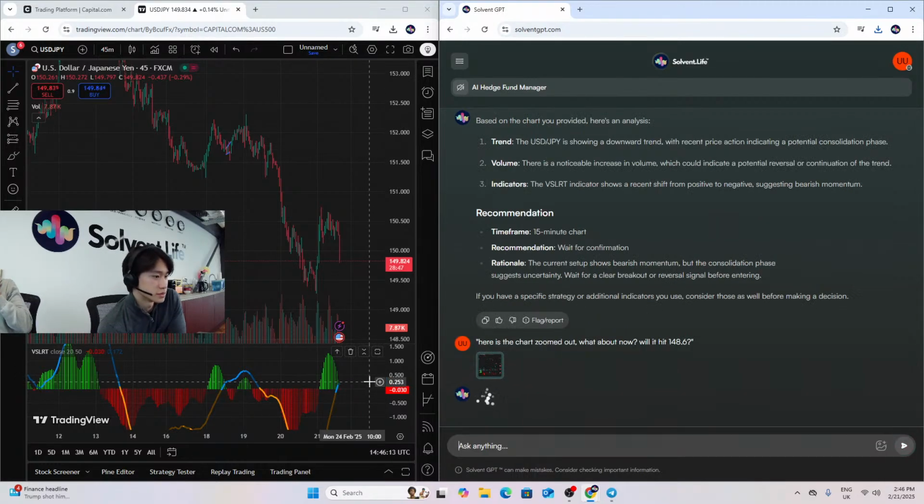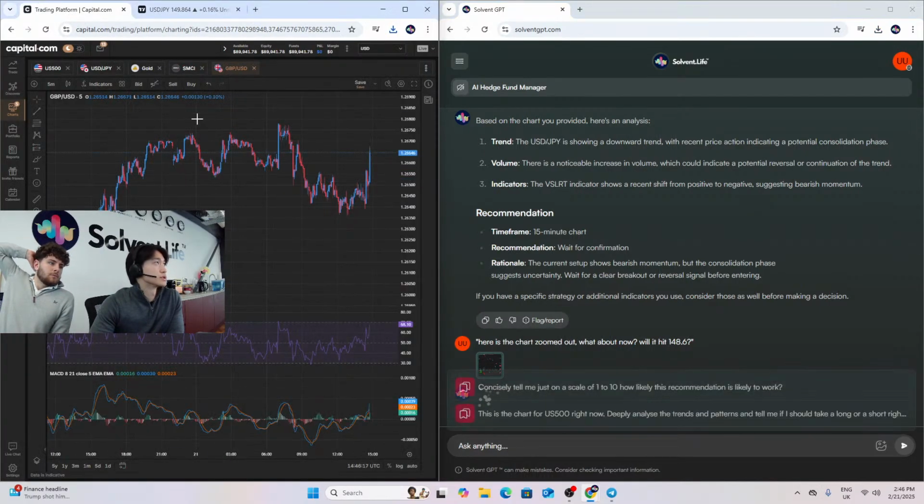Here's the chart zoomed out. What about now? Will it hit 148.6?